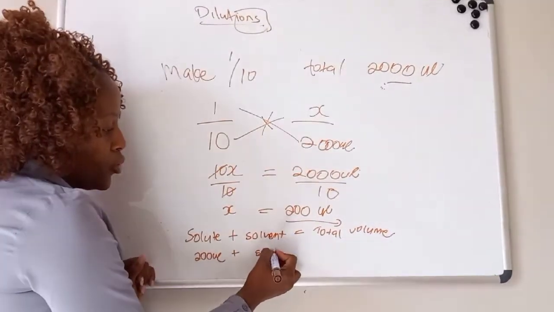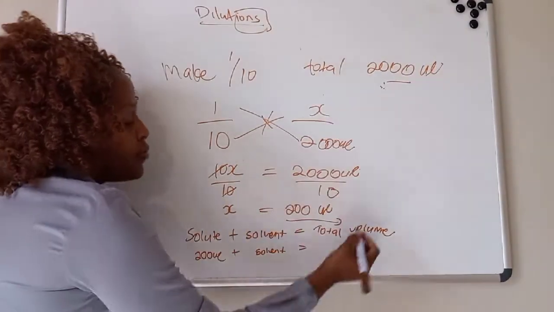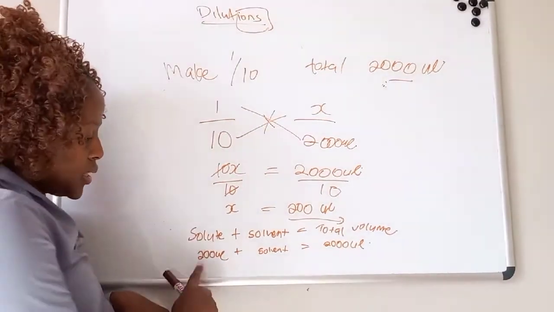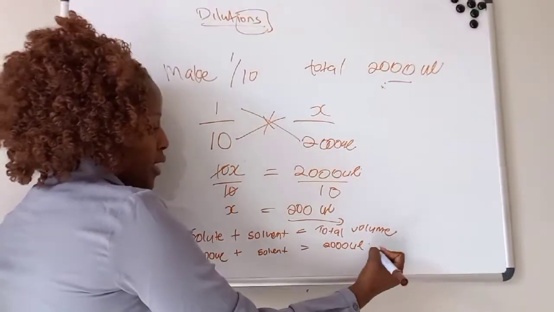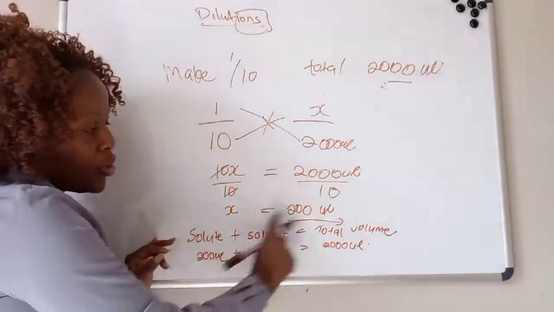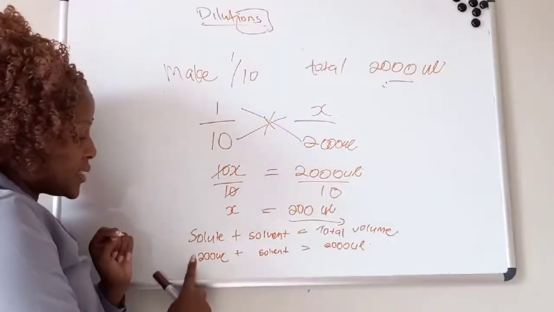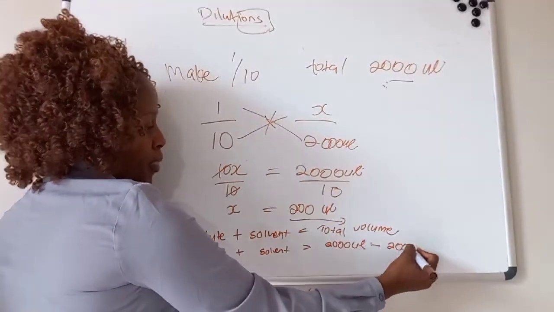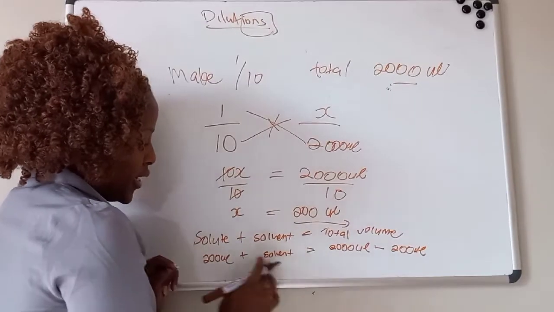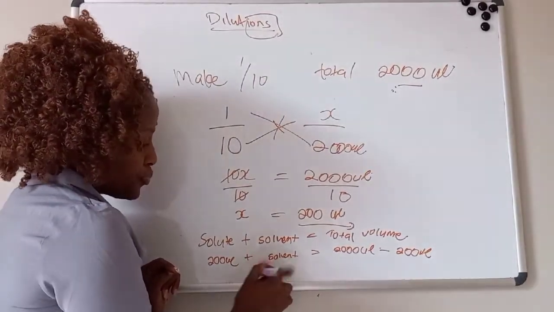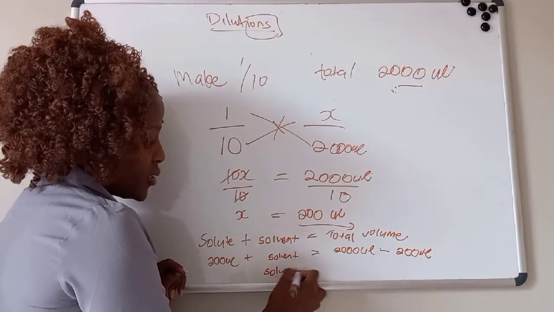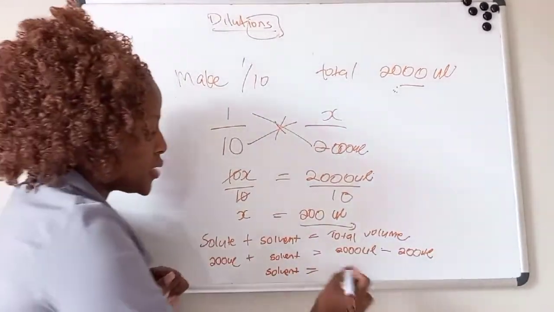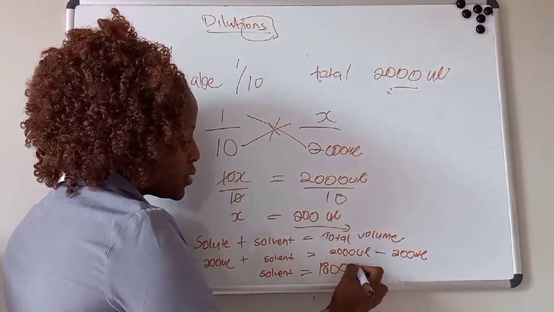The solvent is what we don't know, and the total volume they gave us is 2000 microliters. So we're going to take this 200 to the other side of the equal sign, and when it goes to the other side, the sign of this 200 changes, it becomes a negative. Then on this side, you are only left with the solvent.